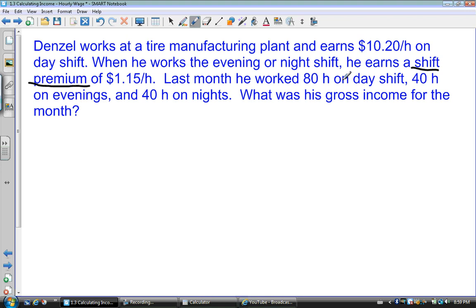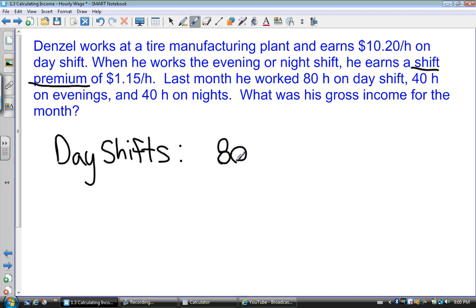So we're going to have to break this problem up. Let's start with the day shift. What did Denzel make in day shifts? Well, on day shifts, we know that he worked 80 hours. So we have the 80 hours that he worked times his day rate of $10.20 per hour.